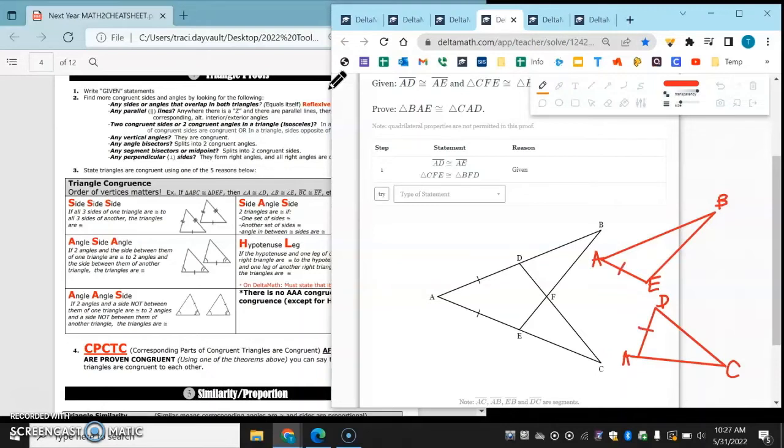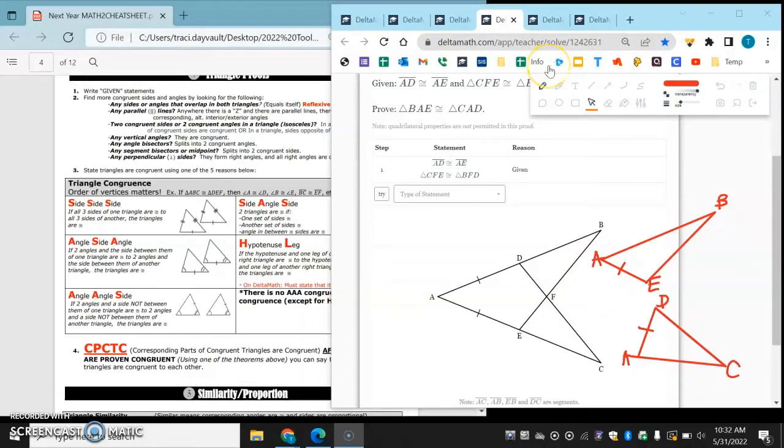Then I'm going to see if there's any parts from these 2 triangles that I can kind of steal to prove that these 2 triangles are congruent. I'm kind of stealing them because I know everything is congruent to everything in these 2 triangles.